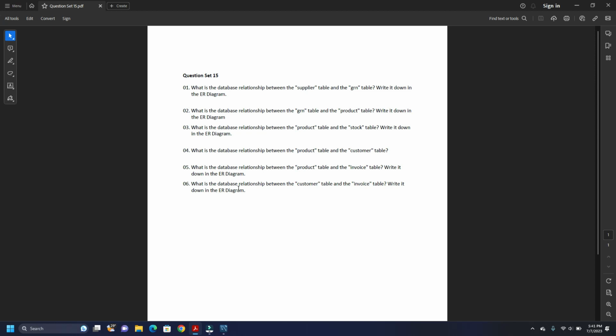So from those invoices, if we take one invoice, that invoice is unique to that certain customer. Therefore, the relationship between those two tables would also be a one-to-many relationship. So let's go ahead and create that relationship.